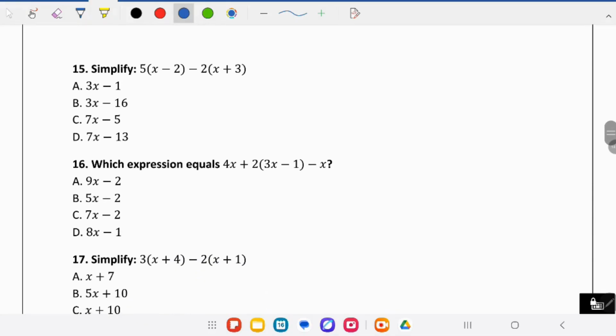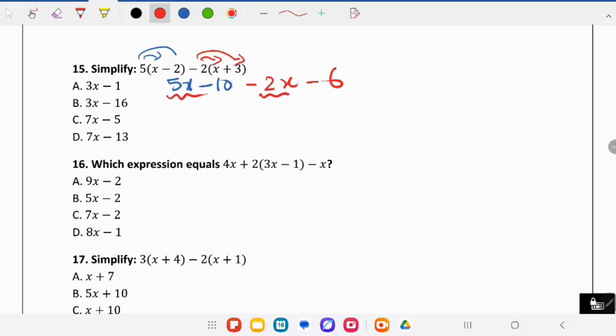In the next question, I have 5x minus 10. 5 times 2 is 10. This one is negative 2x. And negative 2 times plus 3 is negative 6.